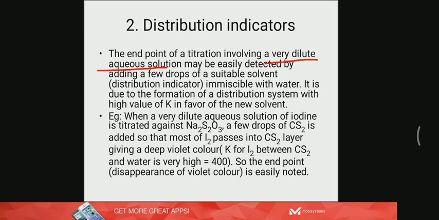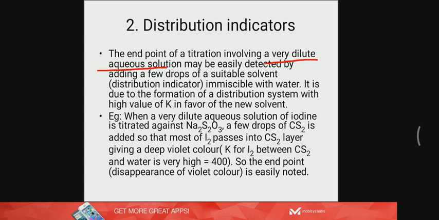Remember, iodine is violet in color or deep brown or brownish violet. So for the titration between a very dilute solution of iodine against sodium thiosulfate, what you do? You add a few drops of an organic solvent, that is CS2, carbon disulfide, into it.